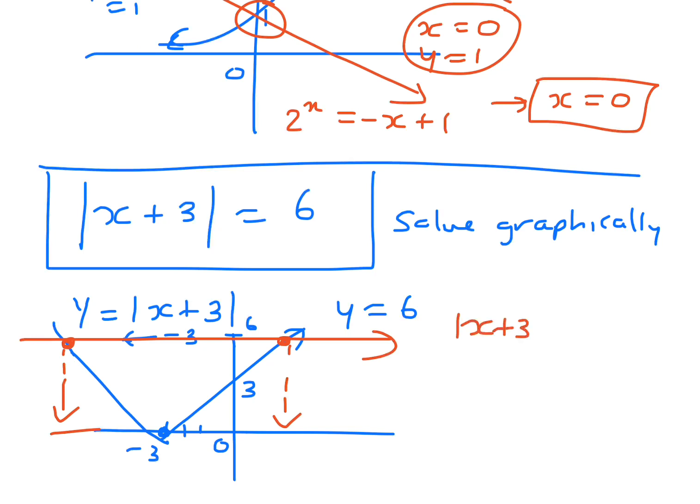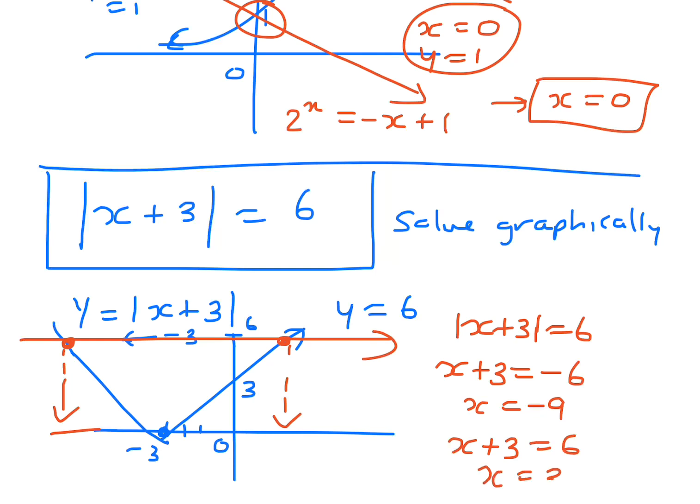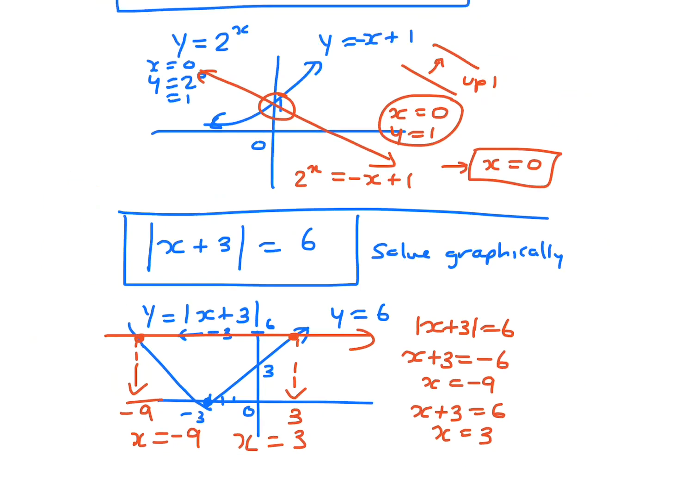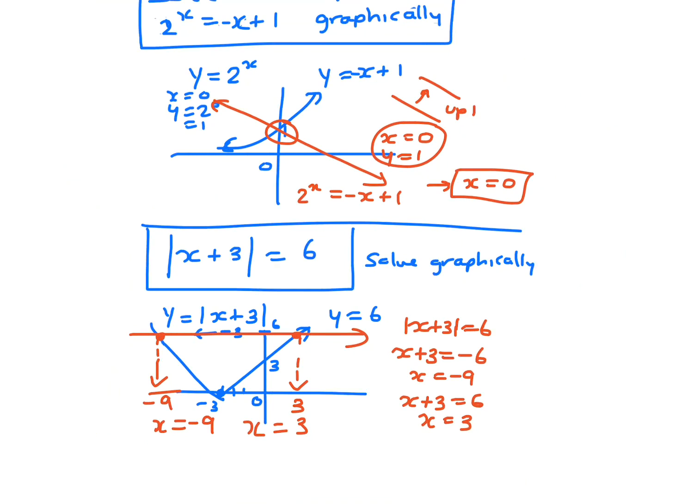We don't have one, so I'm just going to do the algebra just to get the points of intersection. So x plus 3 equals minus 6, so x is minus 9. And x plus 3 equals 6, so x is equal to 3. So x is minus 9 and x equals 3. So I just want to show you the relationship between when you solve it algebraically and when you do it graphically.